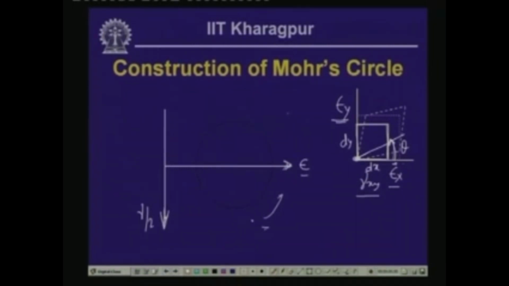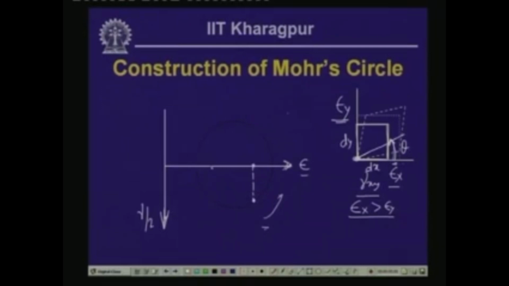Now, assuming that the normal strain epsilon x is greater than the normal strain epsilon y, and we know epsilon x, epsilon y and gamma xy, we choose a point, say epsilon x and gamma by 2, and this is a point on the Mohr's plane.